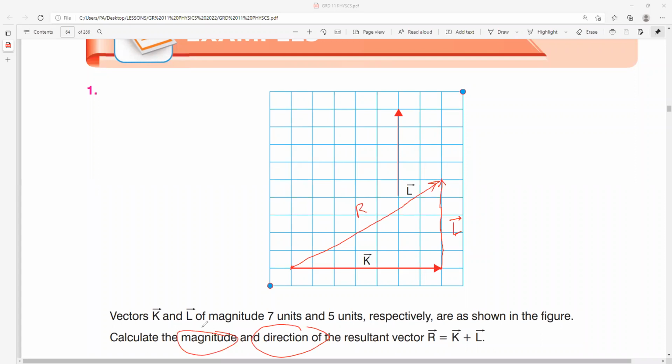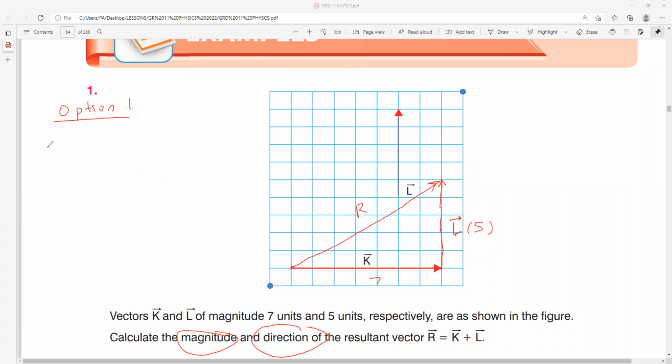So how are we going to calculate magnitude, people? For this one also, we have options. Let's start with option 1, and then you can use whichever is easy for you. Option 1. L is 5 units. And K is how many? 7 units.